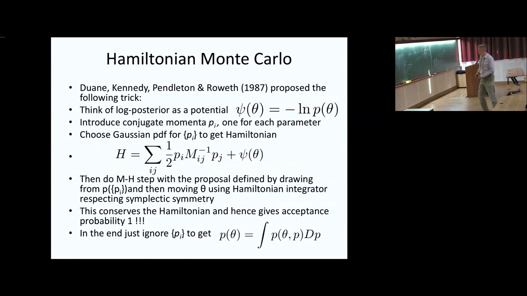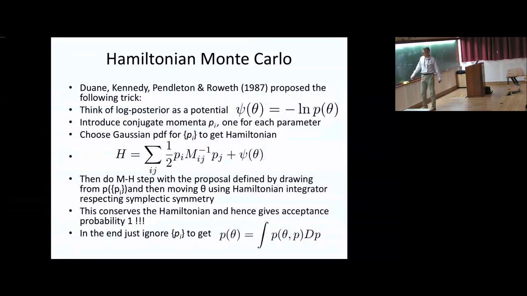and it's just a trick where you think of these parameters as the position in a Hamiltonian system. And you then make up, so you have this P of theta, you write it as this logarithm there. So my P of theta is proportional to e to the minus this psi potential of theta.